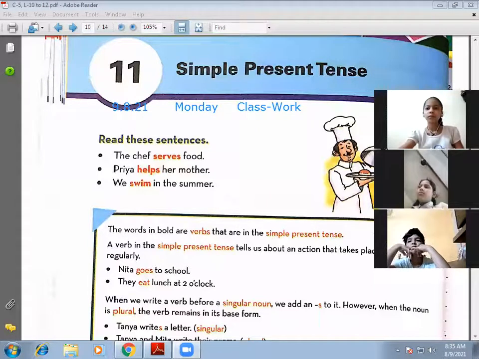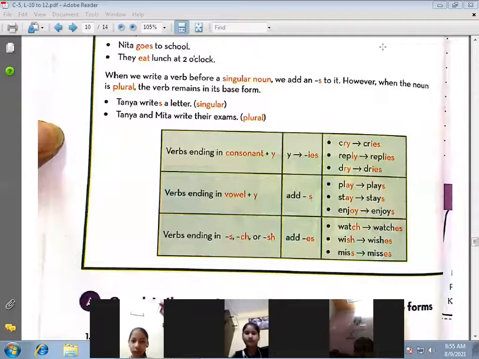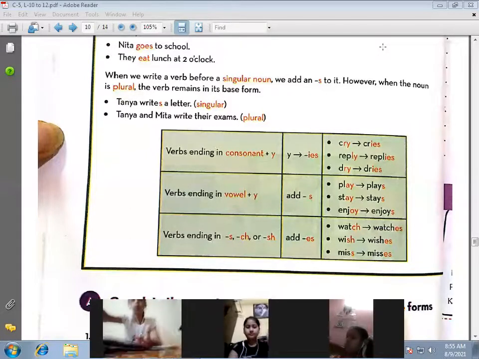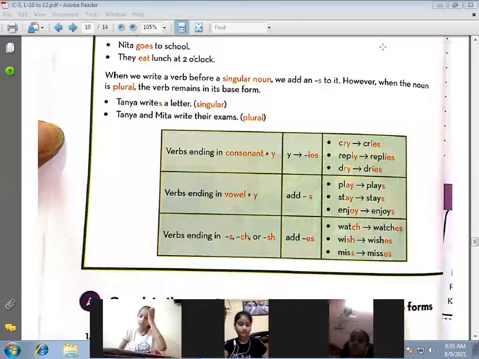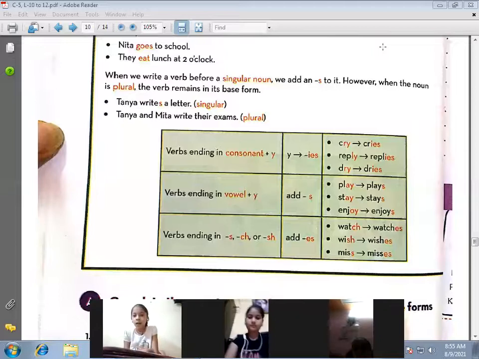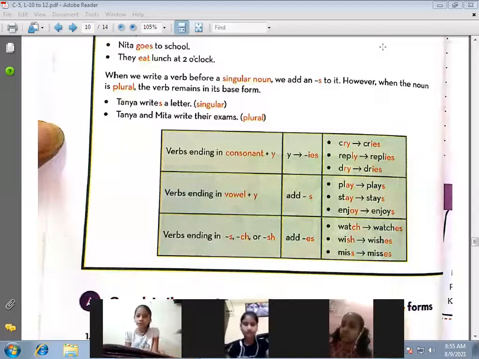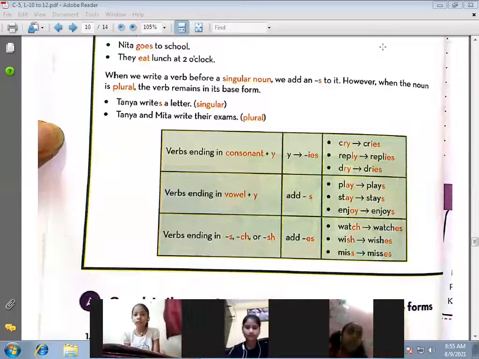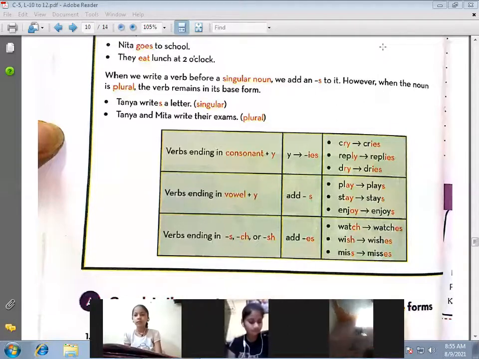Now I'm sharing my screen to show you the video. So we have learned about simple present tense. A verb in the simple present tells us about an action that takes place now or happens regularly. So in simple present tense, we use the structure subject plus verb plus s or es plus object.